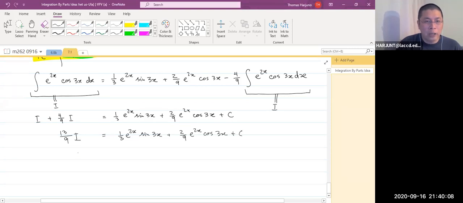So the I, which is our original integration, the integral e to the 2x cosine 3x dx, is equal to 9 over 13 of the whole package on the right-hand side.